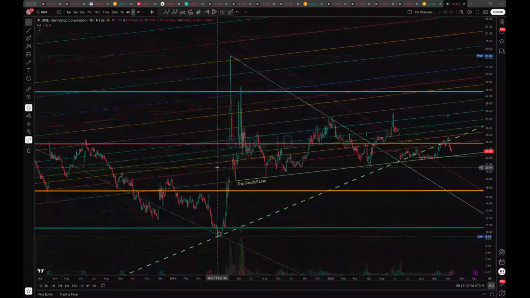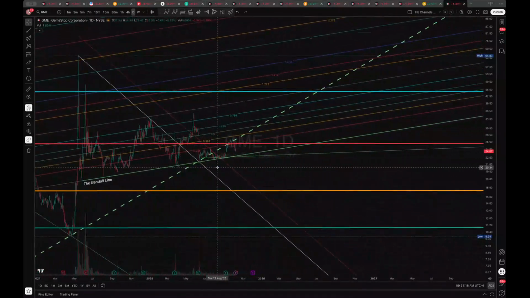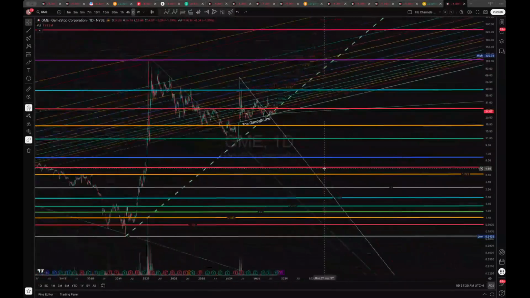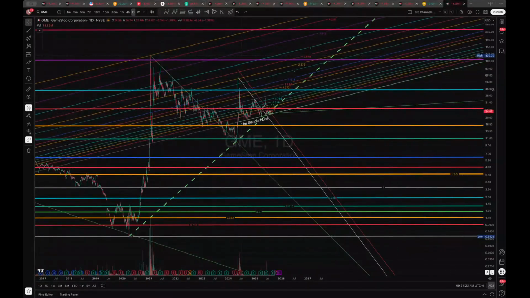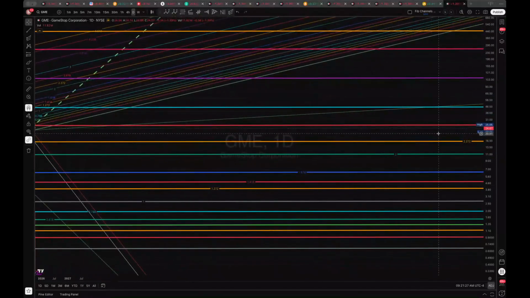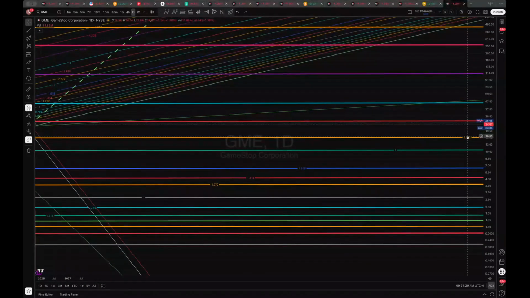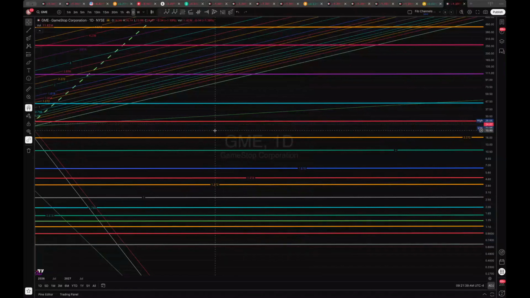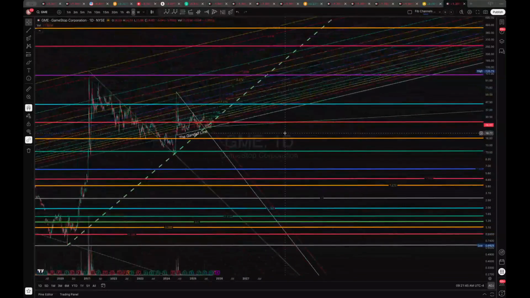And so right now, this price action that we're seeing on GameStop, sorry, it's a little challenging to scroll with that auto axis. So the level we're at right now is going to be the 2.618 is what it's hovering around right now, this red line, just below that $26 level where price is right now.